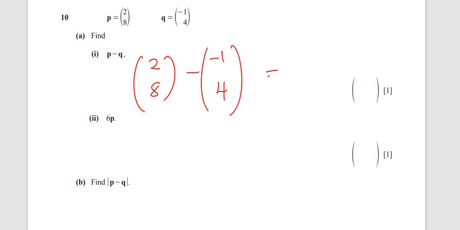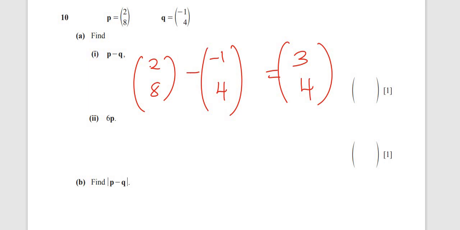So that will be equal to 2 minus negative 1. So 2 minus negative 1 is the same thing as 2 plus 1, which is equal to 3. Then 8 minus 4, which is equal to 4. So the vector P minus Q is equal to (3, 4).